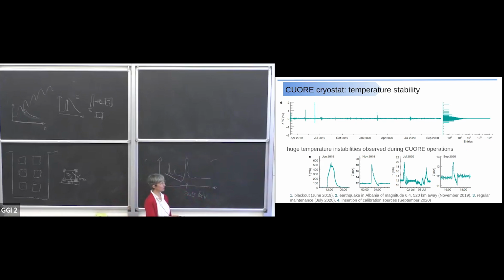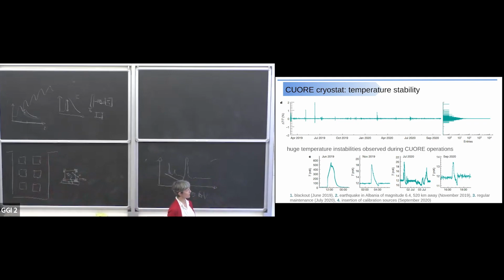This was an earthquake in Albania. And this was maintenance, and this was the insertion inside the cryostat of the deployment of the calibration sources. We used them once. We discovered that the cryostat was not stable, and so we decided to use external calibration.